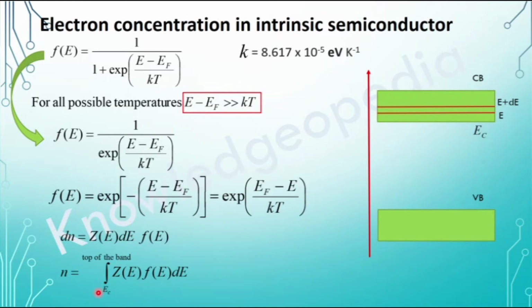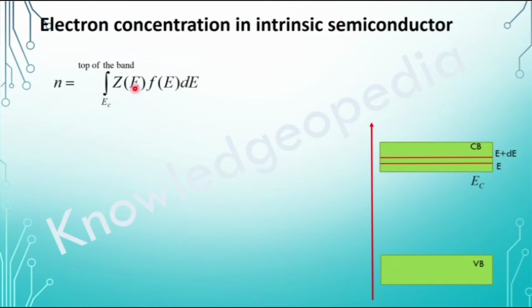The lower limit is EC and we have to consider all the bands lying above EC. That is why the upper limit is the top of the band. After integrating this function with this limit, we will get the electron concentration in case of an intrinsic semiconductor.